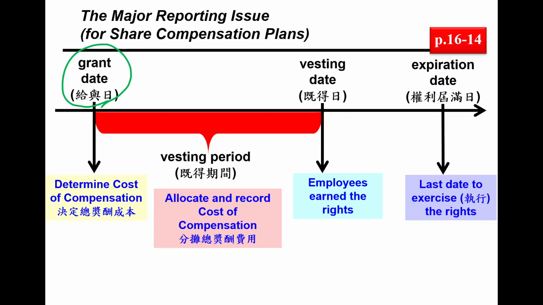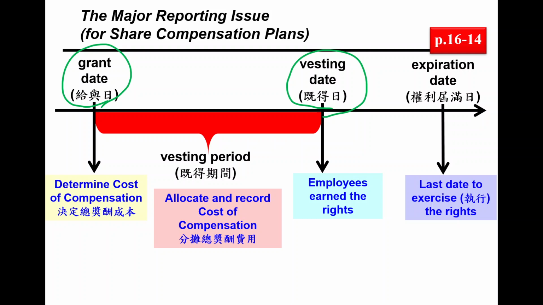Okay, then what's the second date? Vesting date. 记得日. So what does it mean? Vesting date, 记得日. The date employees really earn the right, nothing for free. Even though our company told our employees, okay, I'm going to give you a right, nothing is for free, right?